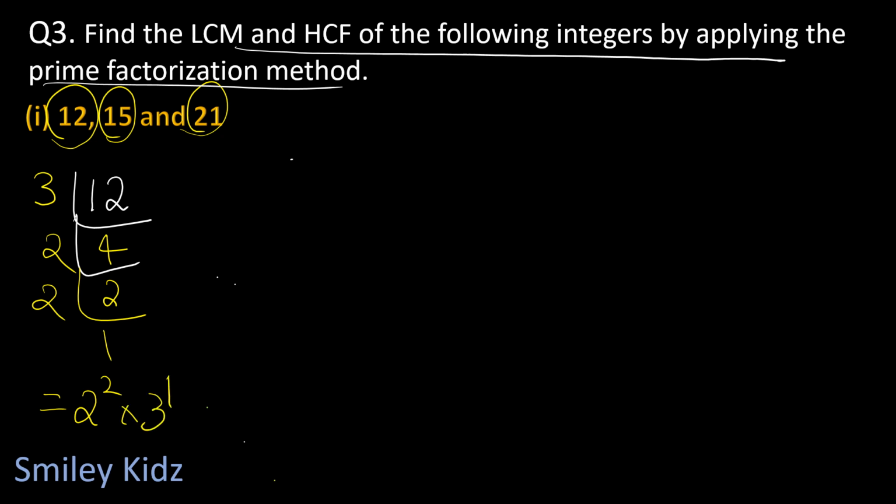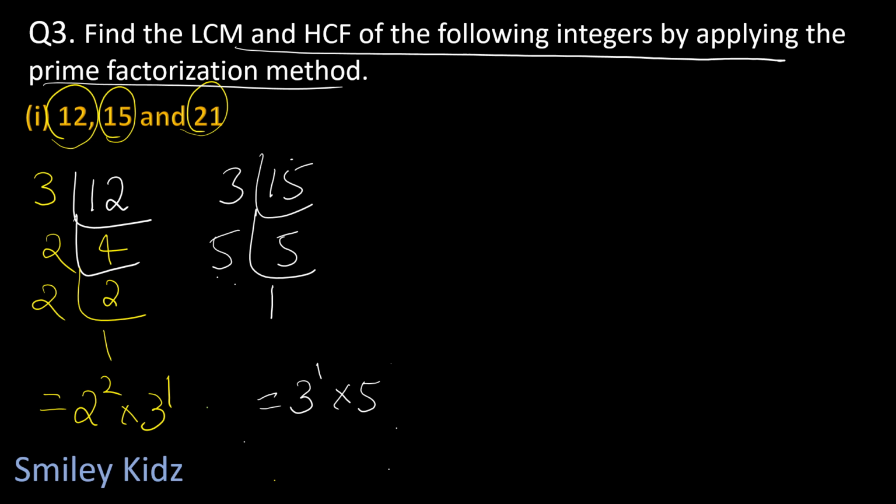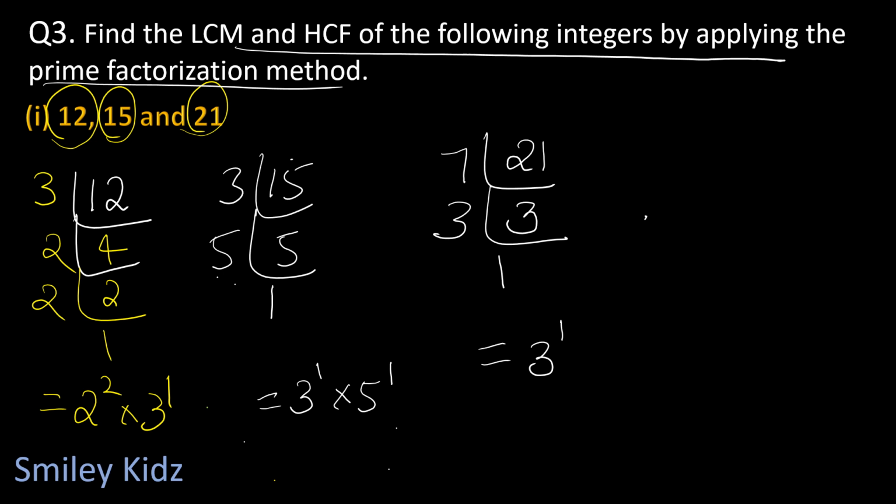Then we have 15, whose prime factorization will go like this: 3 times 5, 5 times 1. That means 3 to the power of 1 times 5 to the power of 1. And then we have 21, whose prime factorization is 7 times 3 and 3 times 1. That is 3 to the power of 1 times 7 to the power of 1.